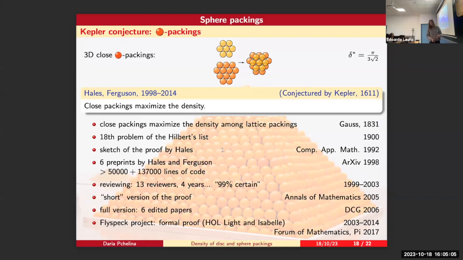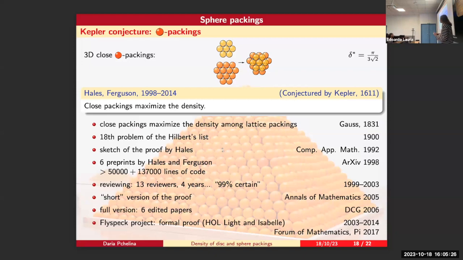And the person who resolved it was Hales. The first sketch of the proof of the Kepler conjecture by him was published in 1992. It was a sketch in the sense that all ideas were right, but some lemmas remained unproven.